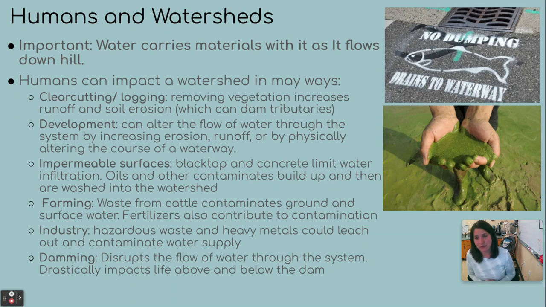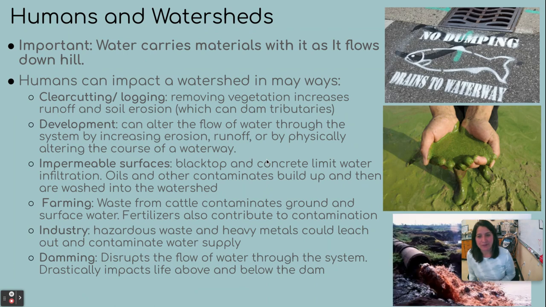And when they grow so much in a stream like that, when they die, the decomposition robs oxygen from the water, and fish and insects can't live anymore. And that's the problem with eutrophication. We'll be reading an article about that this week. Okay.